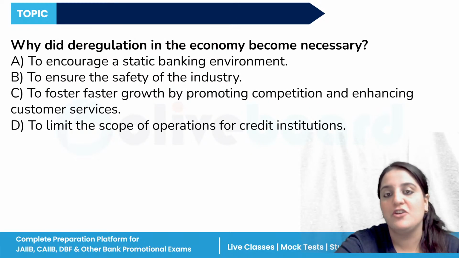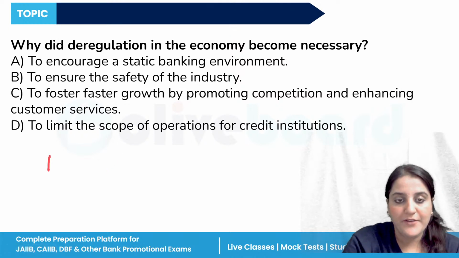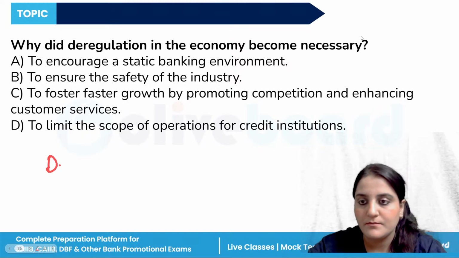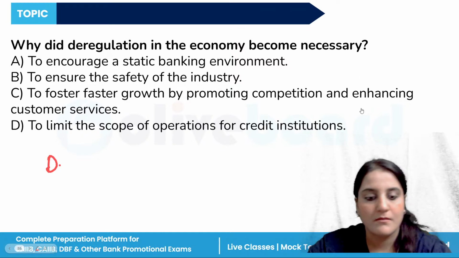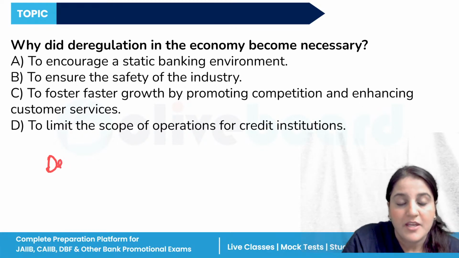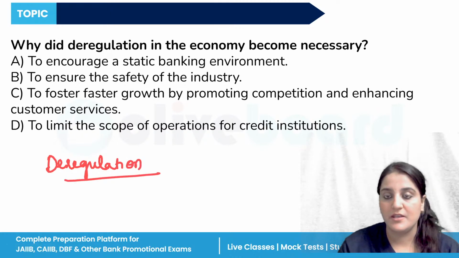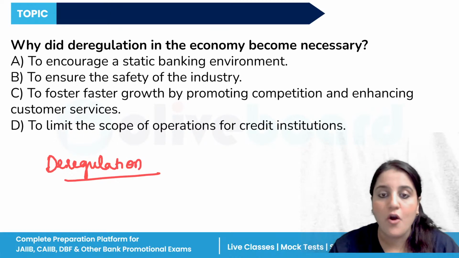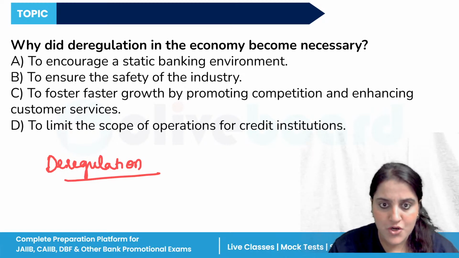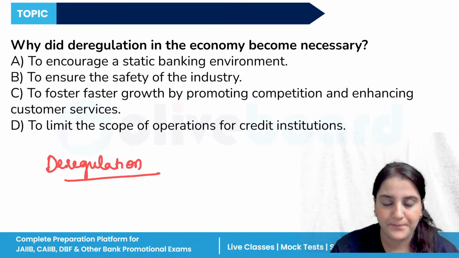Why did deregulation in the economy become necessary? Deregulation was seen as necessary to create greater competition within the financial industry, which reduces government control and allows the financial institutions to operate more freely.